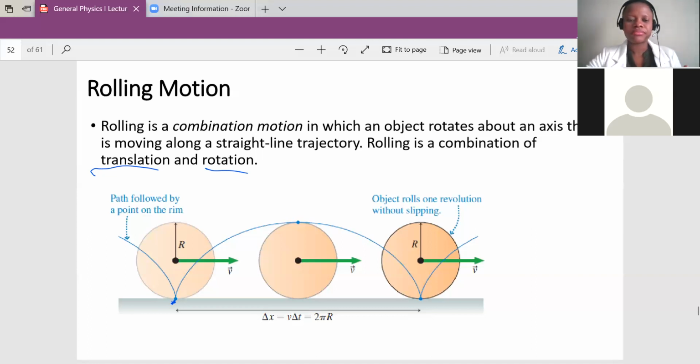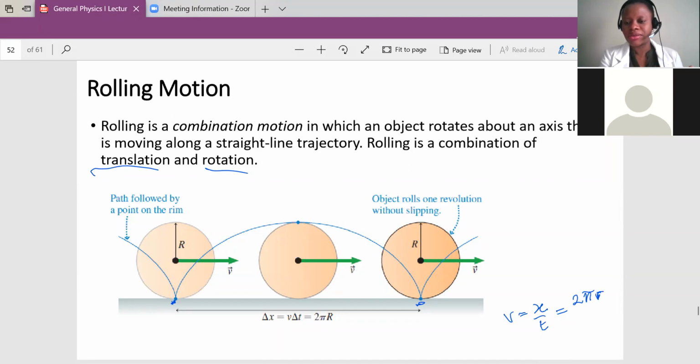Then when it touches the platform again, it has completed one revolution. And we can say that, remember, velocity is change in distance over time. And then you remember when we derived the change in distance, which is one revolution, which is the circumference of a circle.